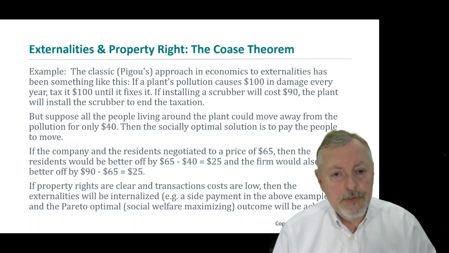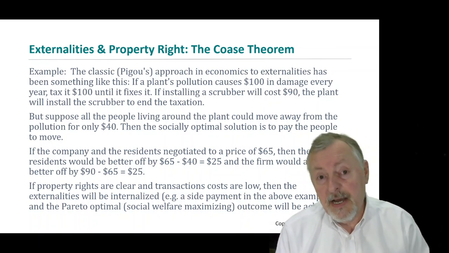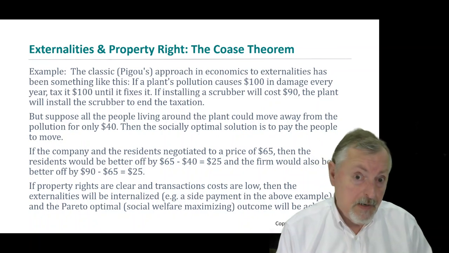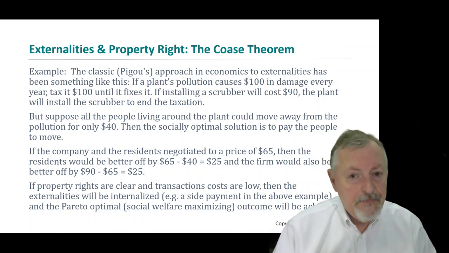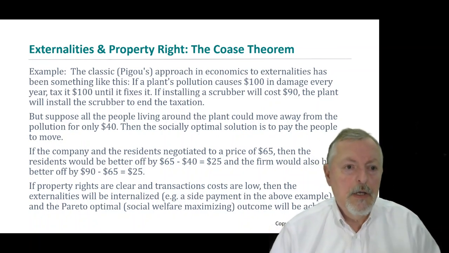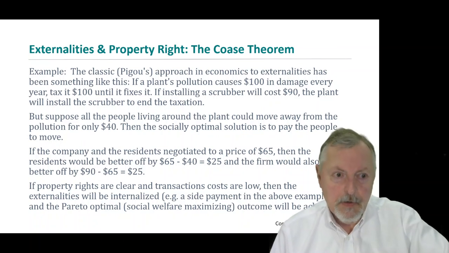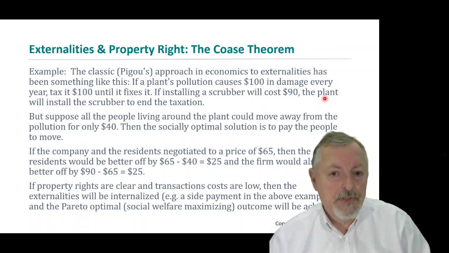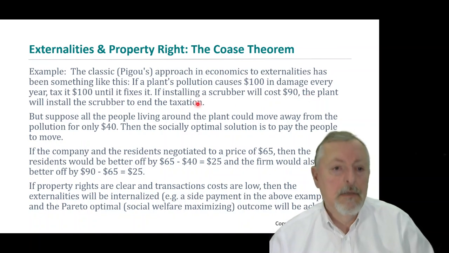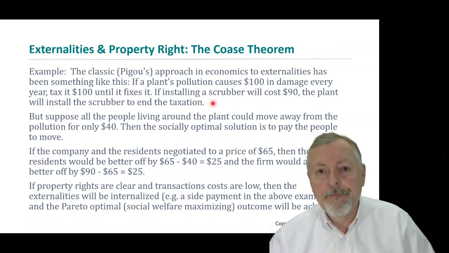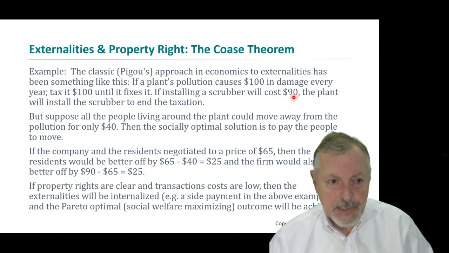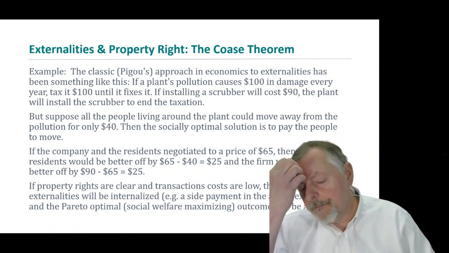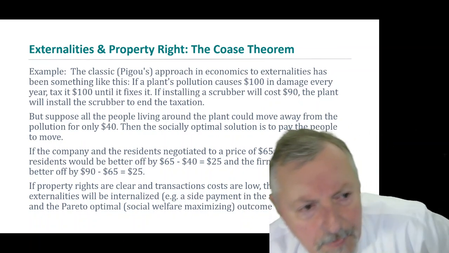Installing a scrubber to eliminate the pollution would cost the company $90. They don't want to spend the 90. So if they're causing $100 of damage, you impose a tax on them of $100. If installing the scrubber costs 90, the plant will do it to gain the $10 difference.